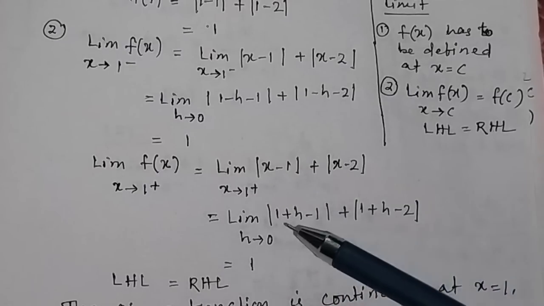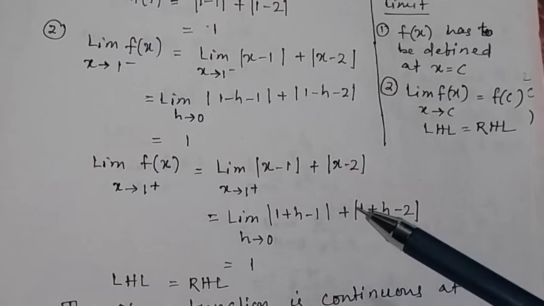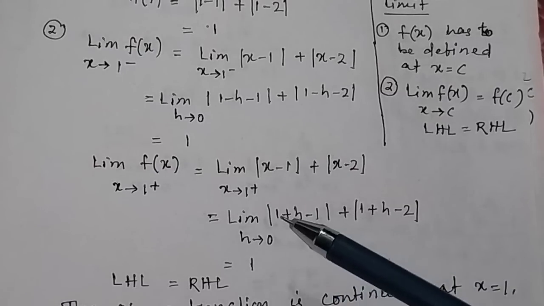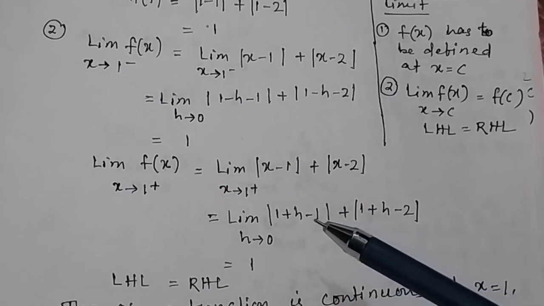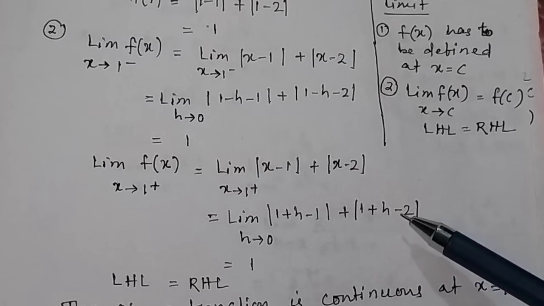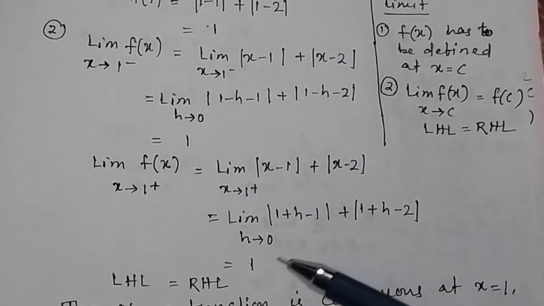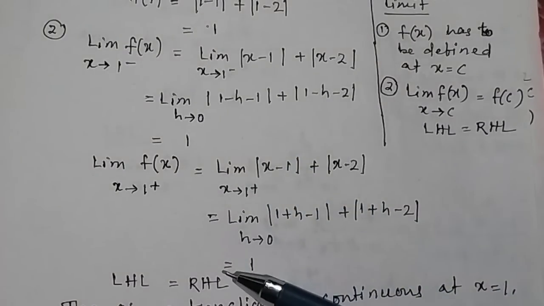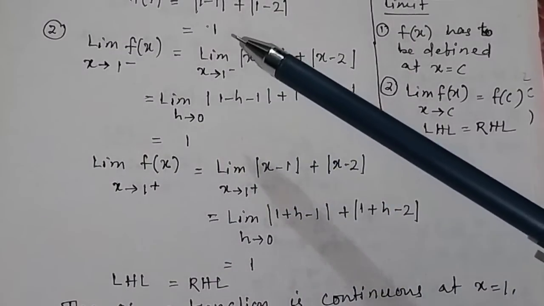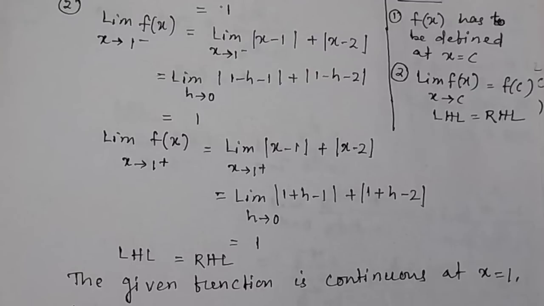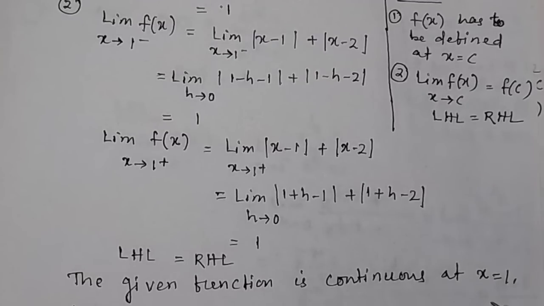So the function will be |1 + h - 1| + |1 + h - 2|. H approaches 0, this value 1 - 1 will be equal to 0, and here 1 - 2 is equal to -1, and modulus of -1 is equal to plus 1. So you see the left hand limit is equal to the right hand limit, and that is also equal to f(1). That is why the given function f(x) is continuous at x = 1.